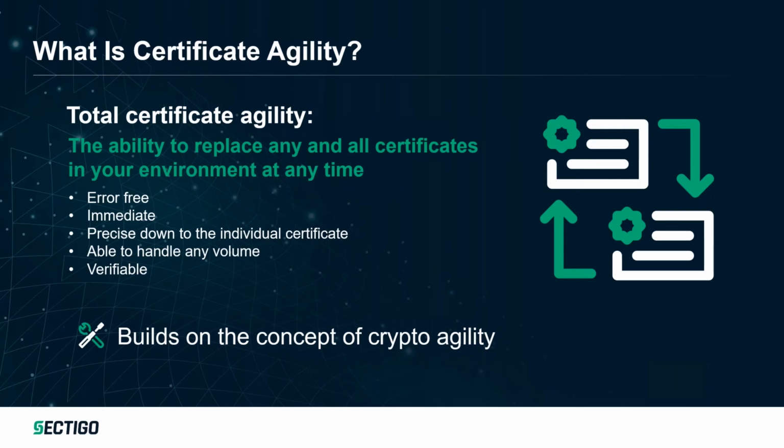And part of the way we do that, since certificates govern and control the vast majority of the cryptography that is used in our modern systems, then in order to really have crypto agility, we must have certificate agility. And certificate agility, as you see defined in green, is the ability to replace any and all certificates in your environment at any time. Yep.